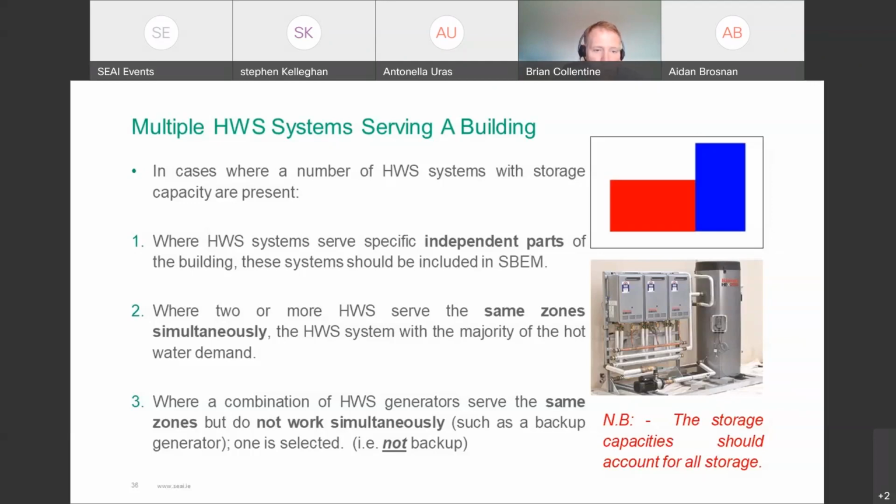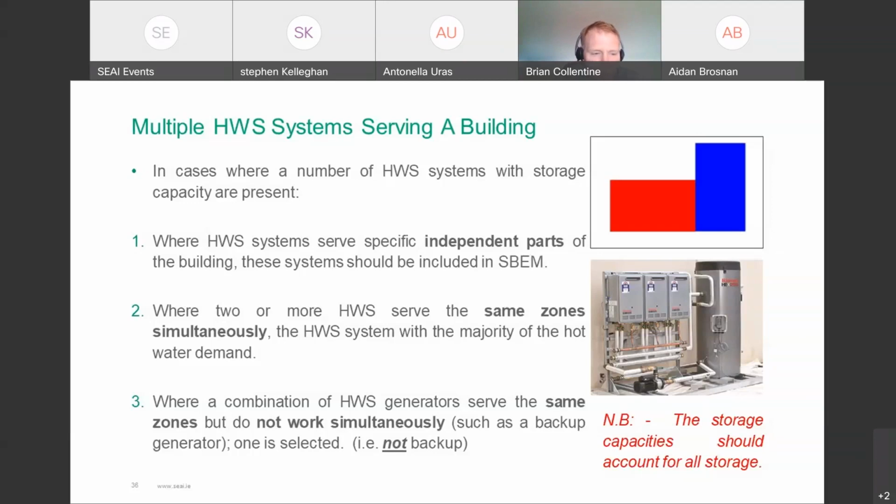Option 2 is where there are 2 or more HWS systems serving zones simultaneously. Here, the HW system with the majority of the hot water demand is taken as your HWS.